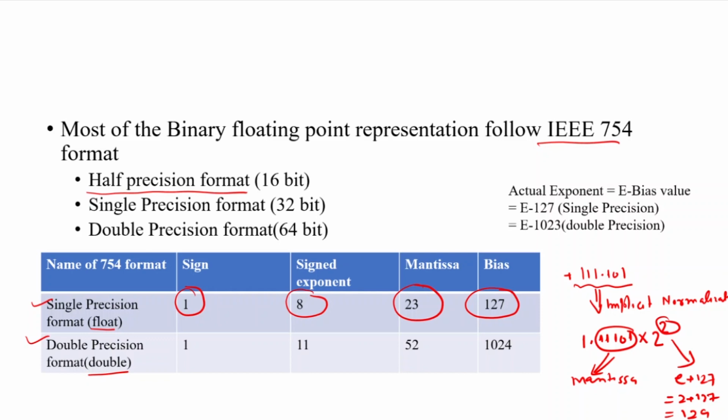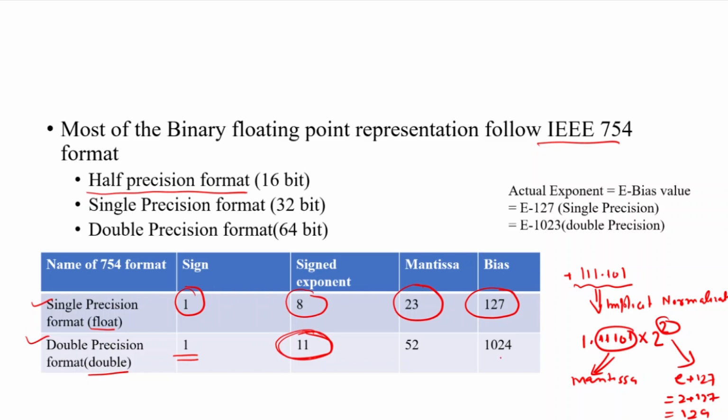In the case of double precision format, just like the double data type in a programming language, it occupies 8 bytes of memory, which means a 64-bit representation. Out of 64 bits, the most significant bit is used to represent the sign of the number, and the next 11 bits are used to represent the biased exponent.